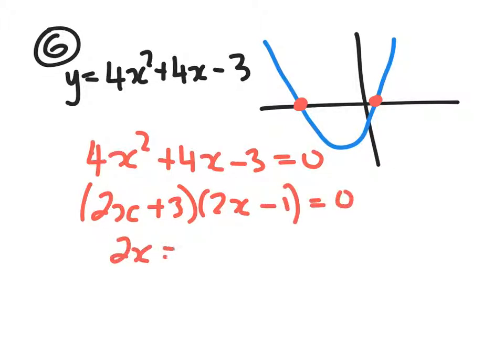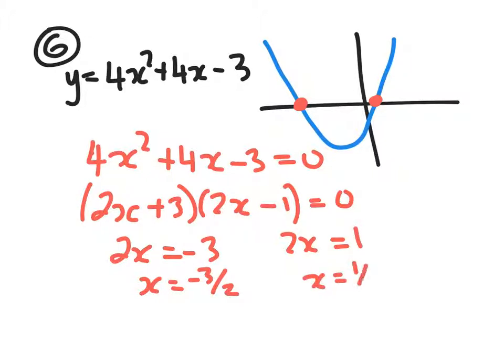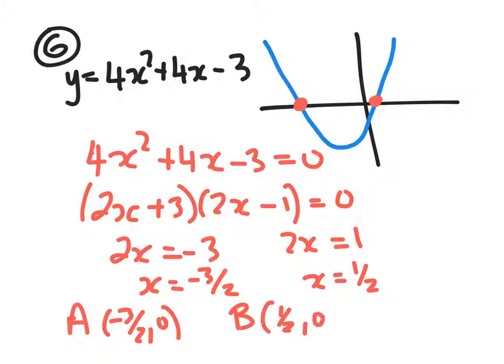First bracket gives us 2x is -3, or x is -3 over 2. Second bracket gives us 2x is 1, or x is a half. So that means that A is the point -3 over 2, 0, and B is the point a half, 0.